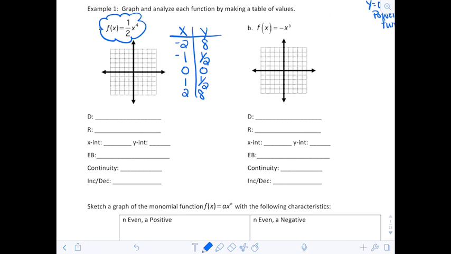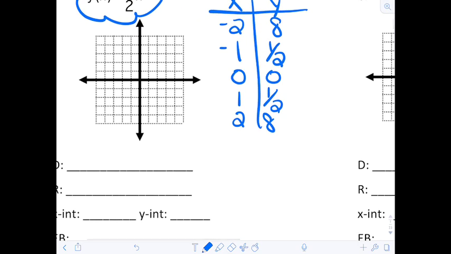So as I plot those, I'm going to zoom in on this because these tend to flatten out a little bit at the bottom. I have 0, 0. I have -2, 8. So 2 to the left, and then 1, 2, 3, 4, 5. Gosh, that's going to be way up here maybe. -1 and 1/2.